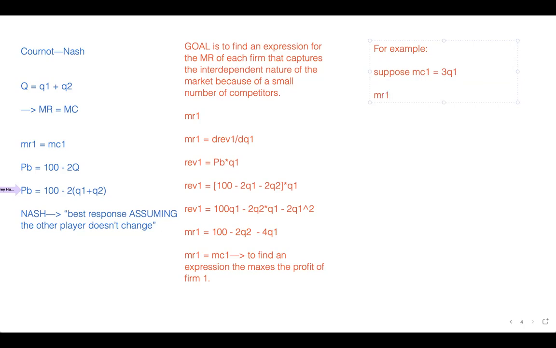MR1 equals MC1 will be, based on what we had before, 100 minus 2 Q2 minus 4 Q1 is equal to 3 Q1.